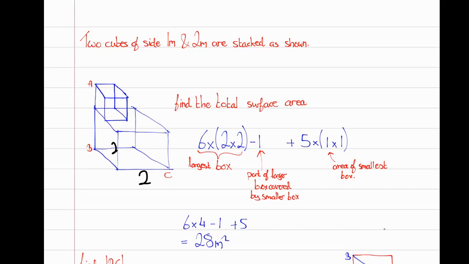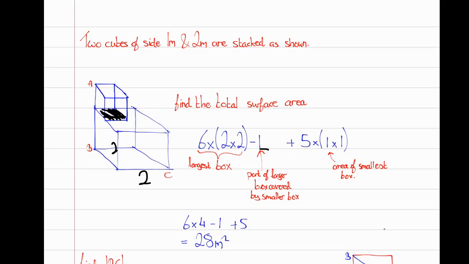Now, however, one side of this, namely this side here, is hidden by the upper part, or it's hidden by the lower part of this box. So to do that, all we need to do is just subtract a 1 here, seeing as the side area here will be 1 times 1.